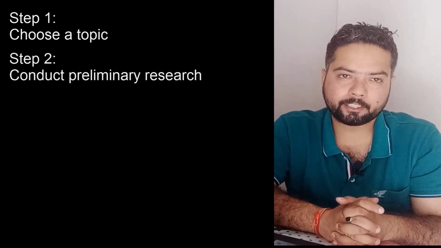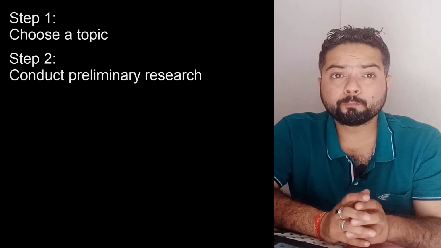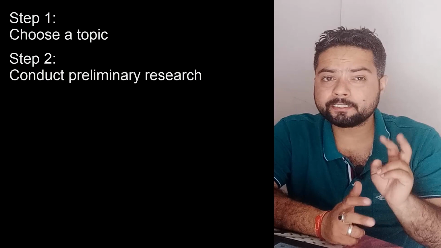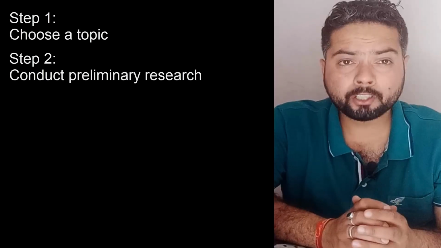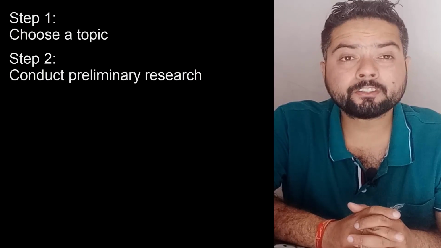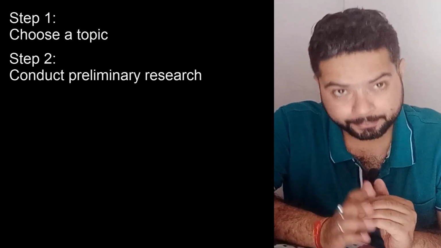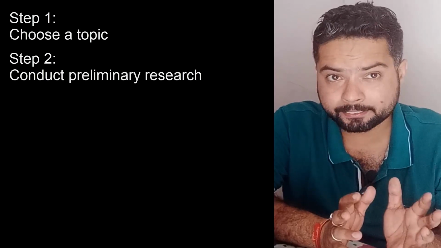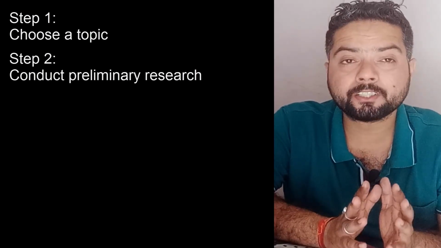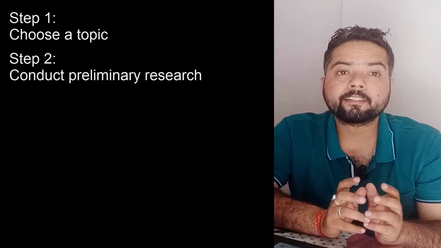Step 2 is to conduct a preliminary search. In this step, there are majorly two things that you need to take care of. First, you need to read relevant literature review papers so as to make sure that you are updated with the current trends, as well as you get the knowledge of what is happening in that research field.